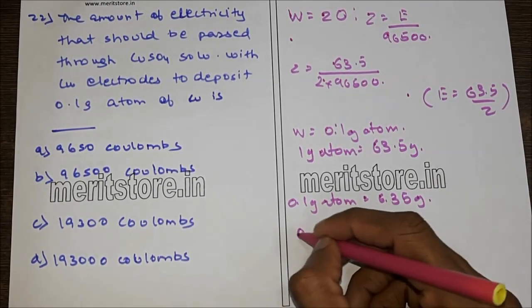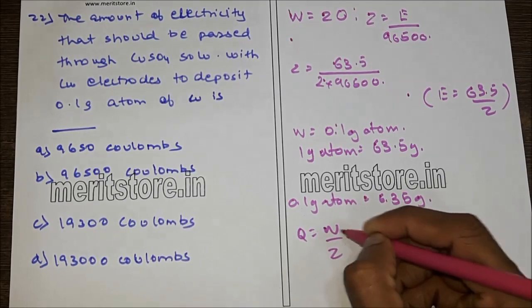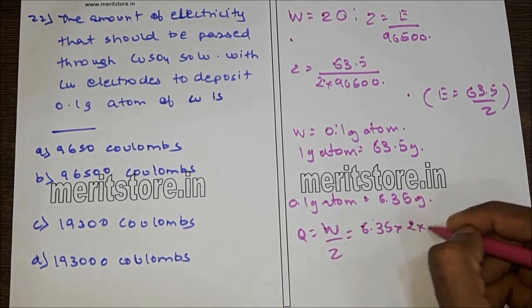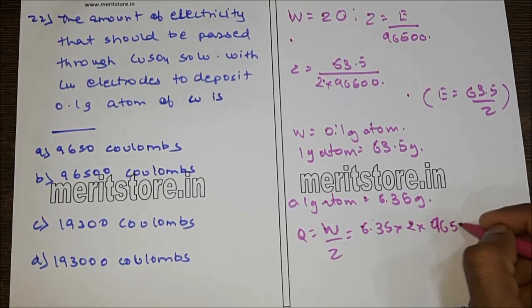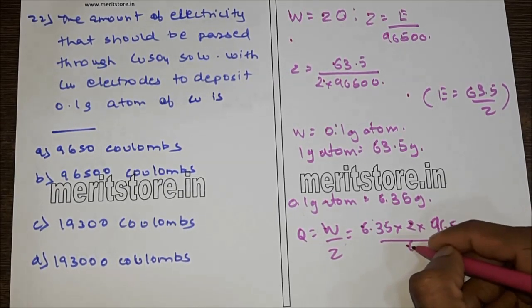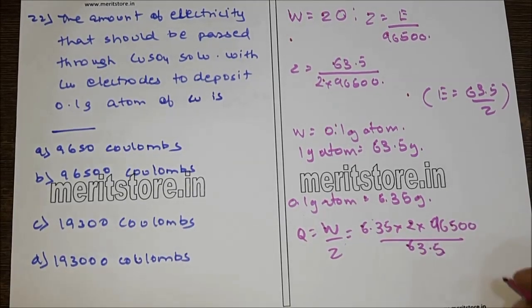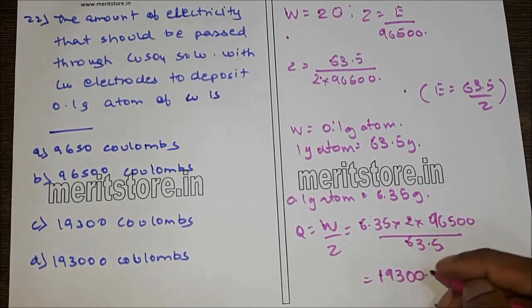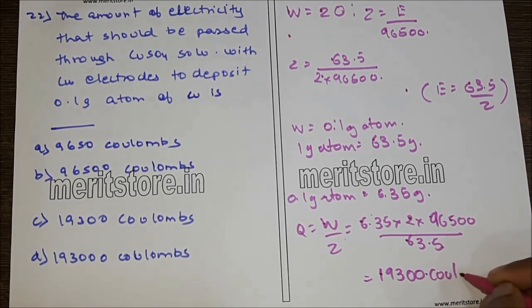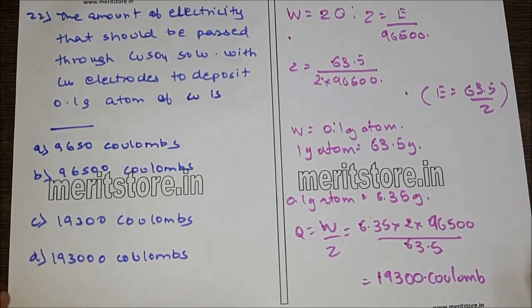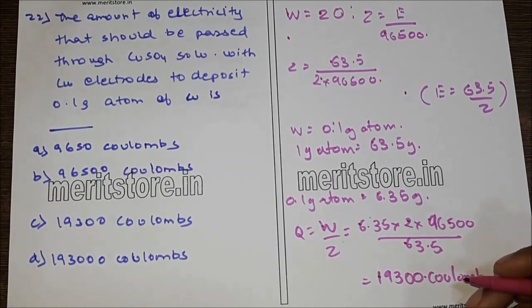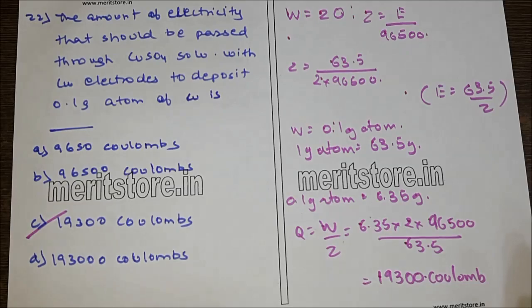That is, Q = W/Z, which is equal to 6.35 × 2 × 96,500 / 63.5. When we solve this, we get 19300 coulombs, so our answer matches option C. Therefore, option C is the correct answer.